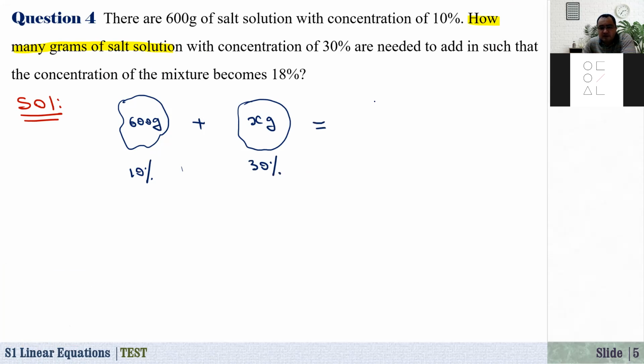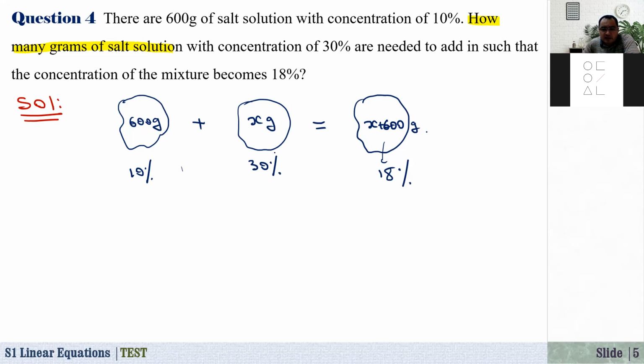So when we just add this, we get a new mixture, right? That mixture, how much is it? We are just adding 600 grams to x grams. So altogether now here we have x plus 600 grams, right? So here the concentration actually will be 18%. It means this.